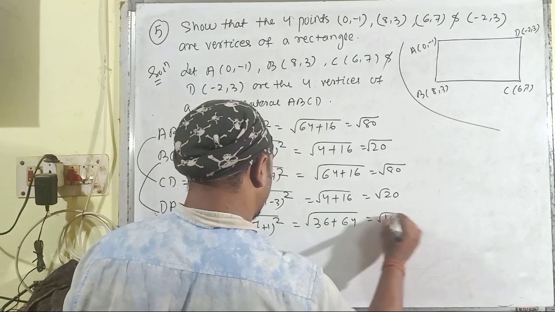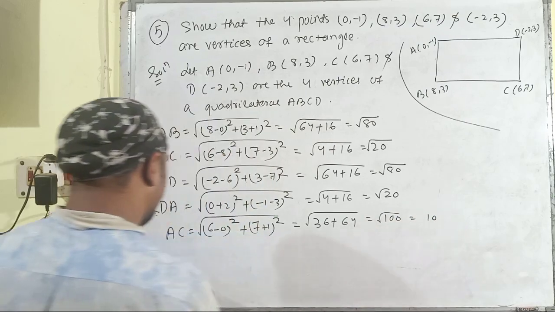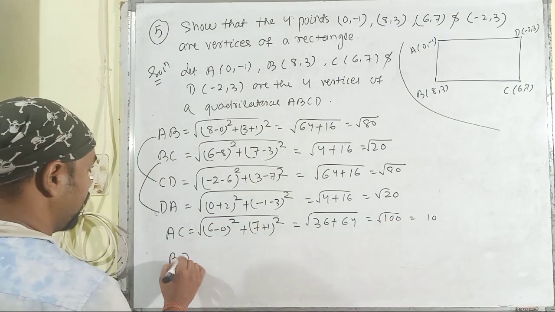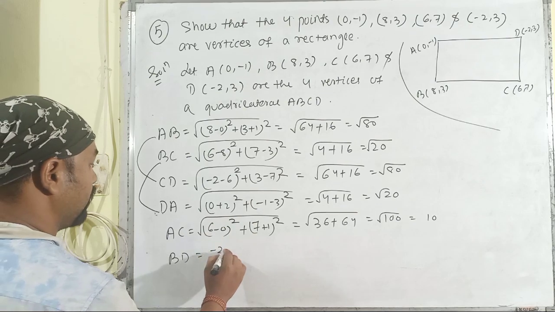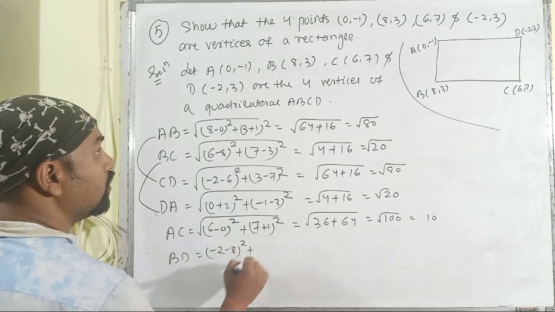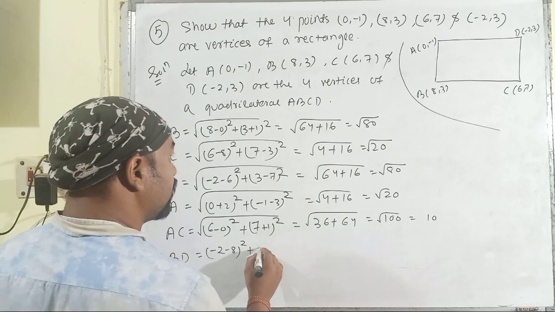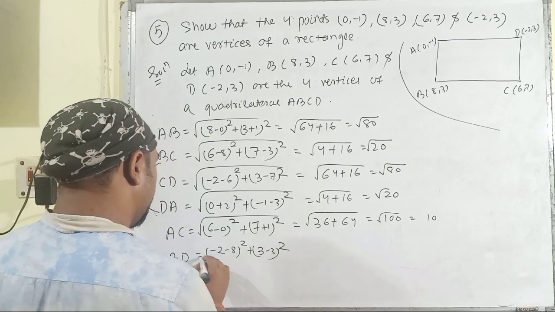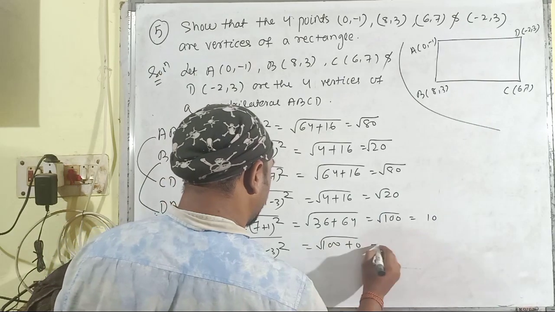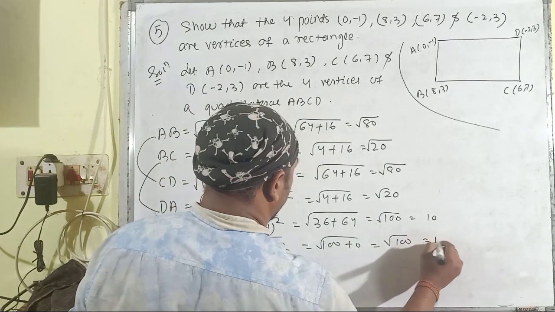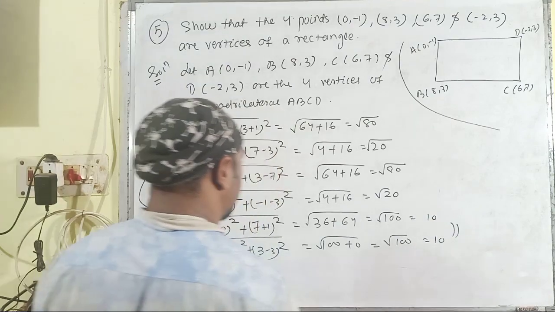That means square root of 100, it is 10. Then the length of BD, minus 2 minus 8 plus 3 minus 3. It is 100 plus 0, that means square root of 100, and that is 10, and they are equal with each other.